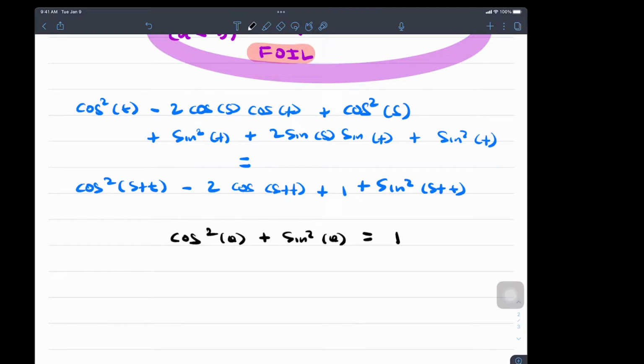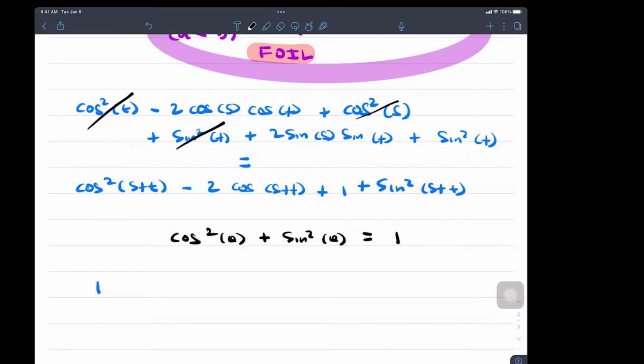Okay, so what that's going to mean now here is I got a cosine squared t. What else do I have? Oh, yeah. Cosine squared t, sine squared t, that gets replaced with a 1. Okay, so this is my first 1. I got what?